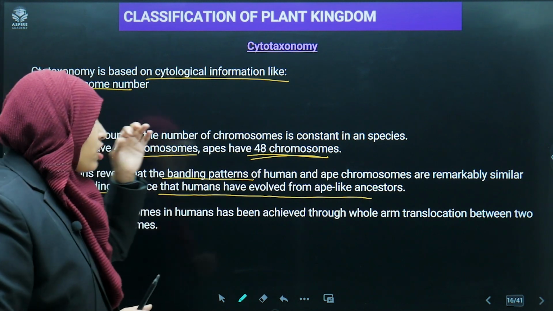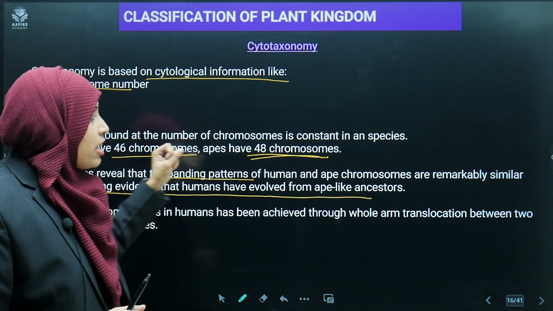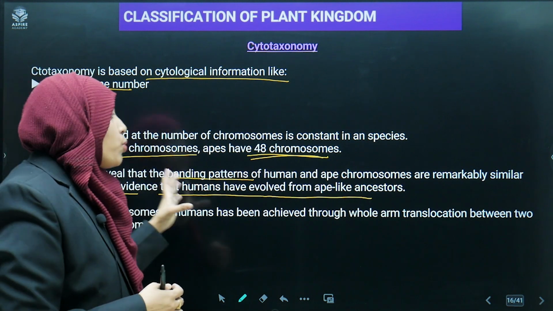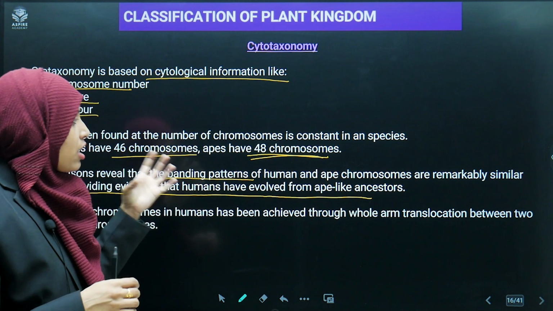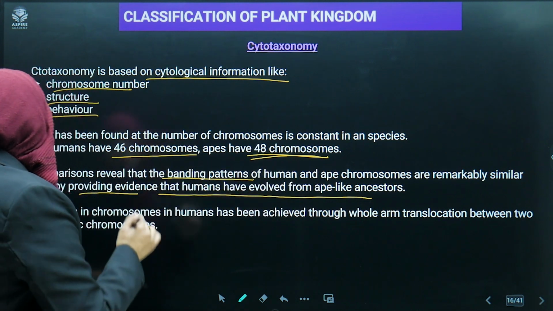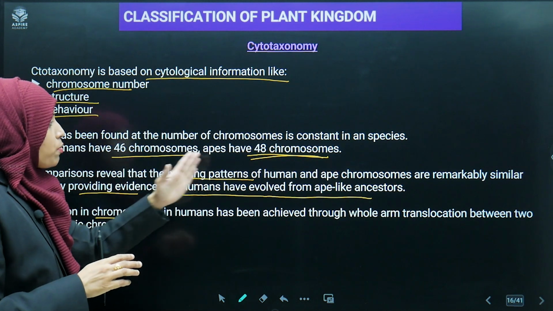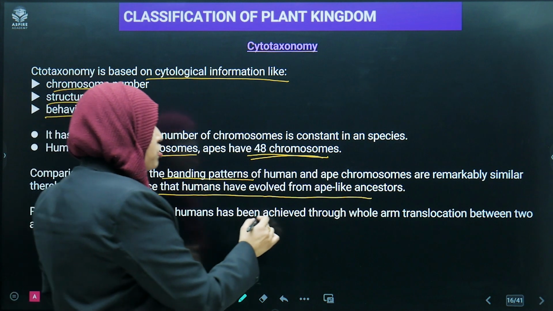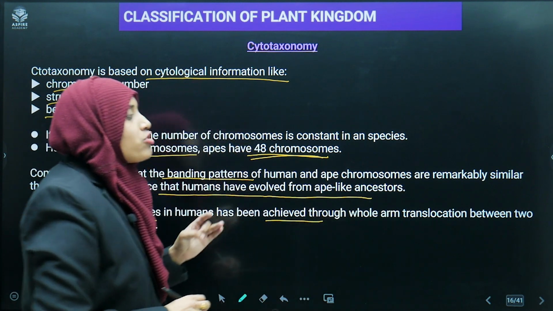So what did we learn through cytotaxonomy? Since the chromosome number does not differ much, humans are coming from ape-like ancestors. The reduction in the chromosome number in humans has been achieved through whole arm translocation.